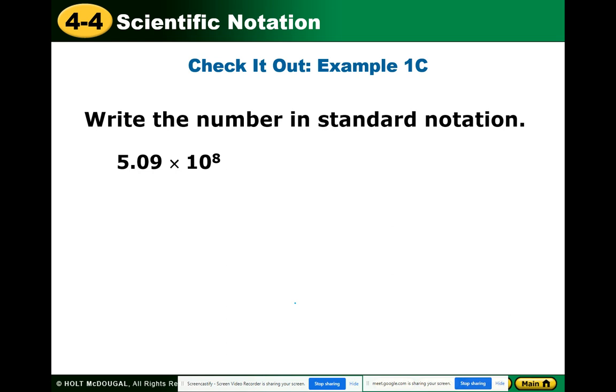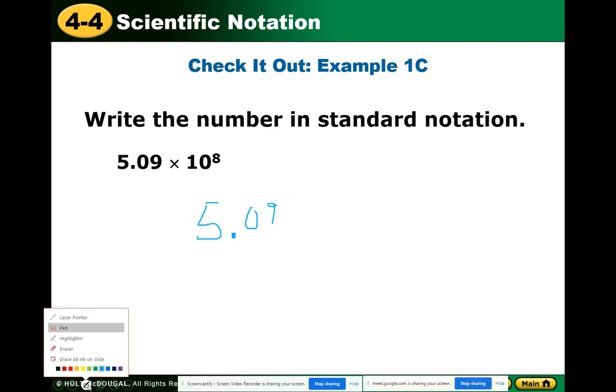Connor, you there, Connor? All right. Awesome. So I get 5.09. I always start at the decimal, right, Connor? But now, is this number going to be bigger or smaller, Connor? Why are you saying smaller, Connor? Is my exponent positive or negative, Connor?